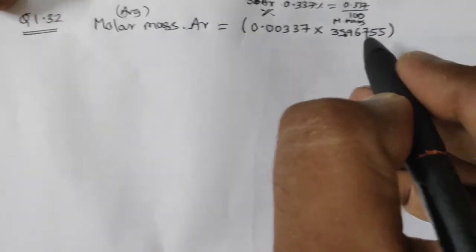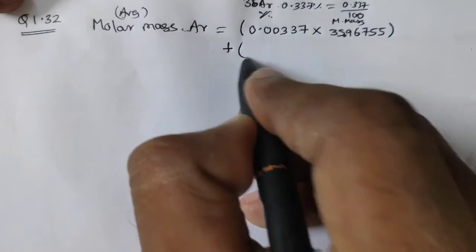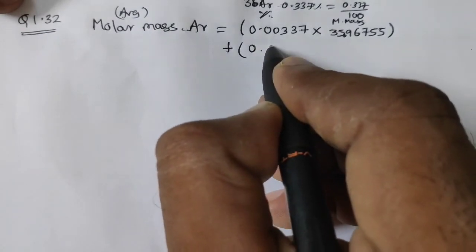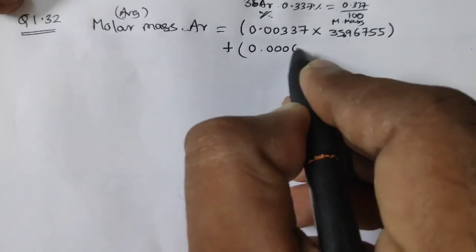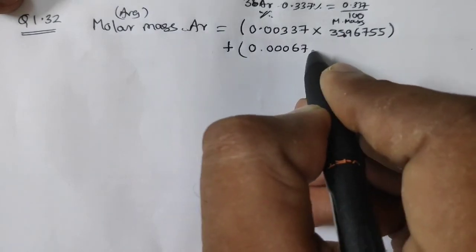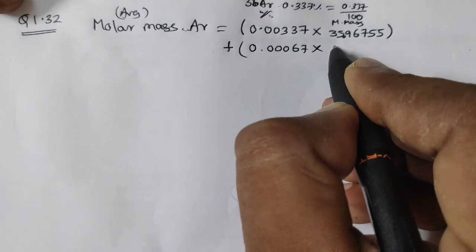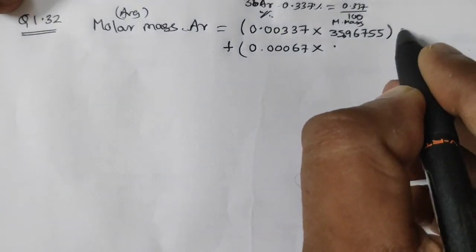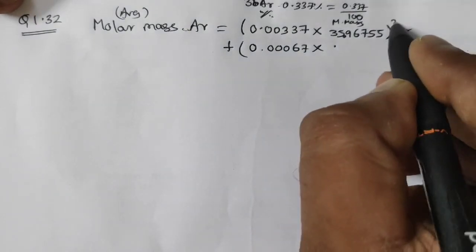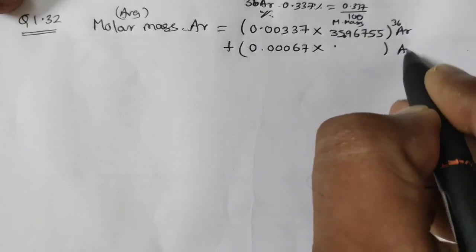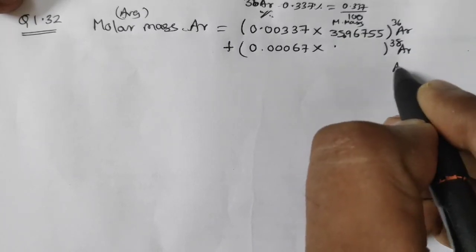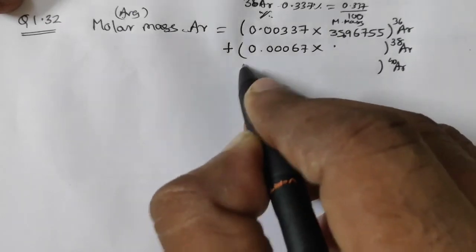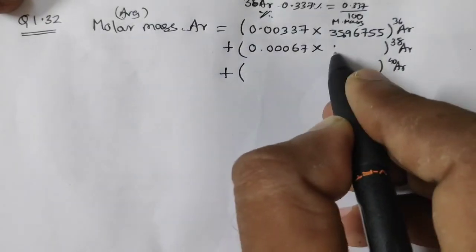Then plus 0.00067, because 0.67% was given, into the abundance. Now this one is for Ar36, this one is for Ar38 and another one for Ar40. Like this you can multiply and add all of them.